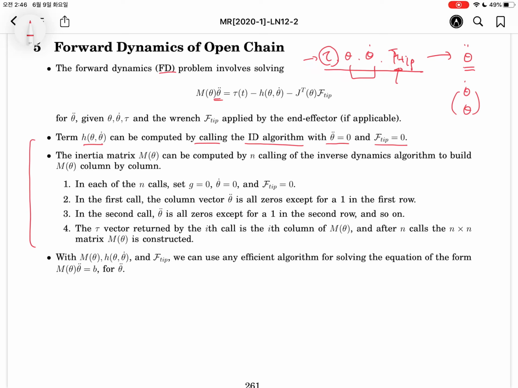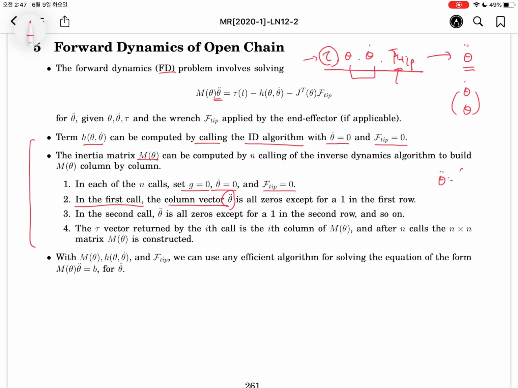Okay. On the other hand, inertial matrix case, we should do inverse dynamics algorithm n times, because in here it's 0 gravity and 0 theta dot, and 0 is the tip force vector. In the first call, the column vector of the theta 2 dot is all 0 except the first row.